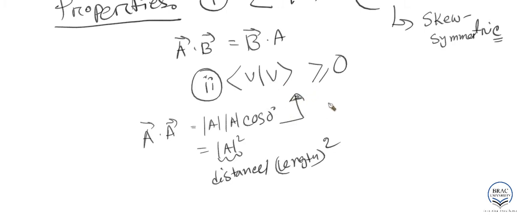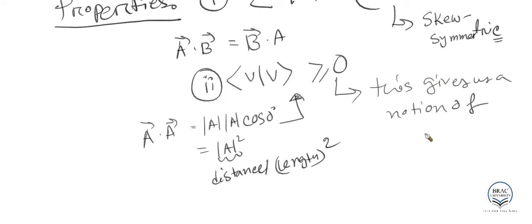The reason we say it is greater than or equal to 0 is understandable because this is giving us a notion of distance. So let's just write it down. This gives us a notion of distance.